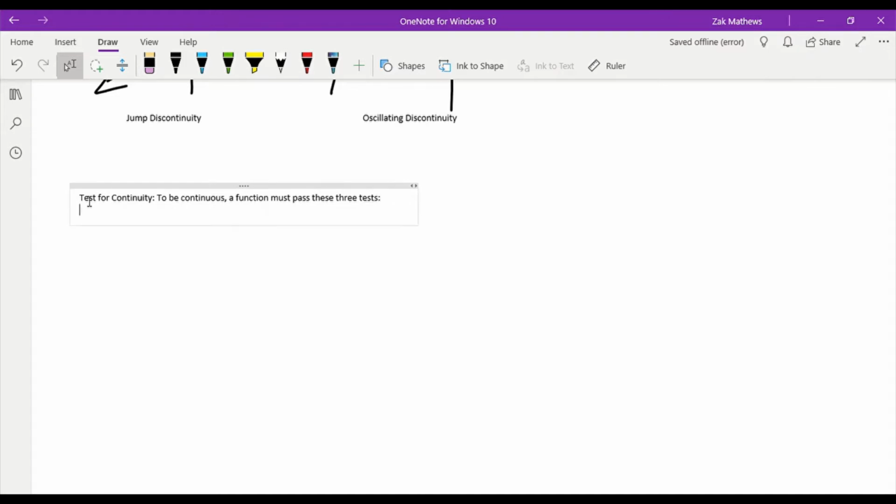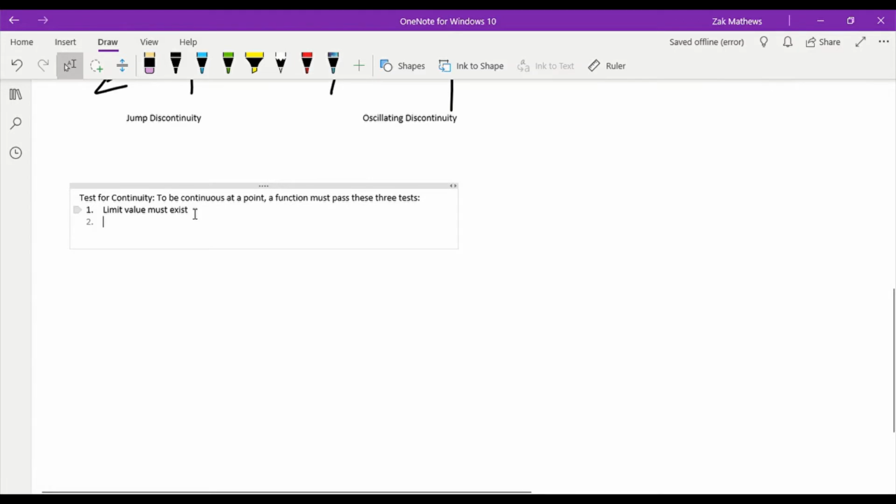And I should say these are to be continuous at a point. So we're testing a single point in these cases.